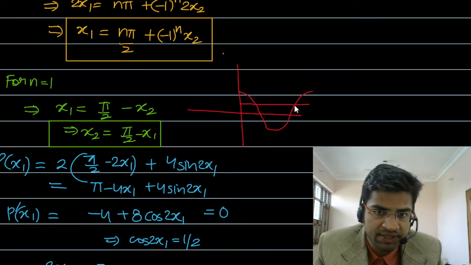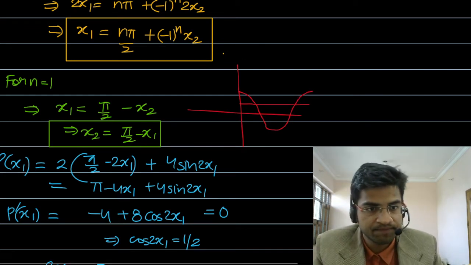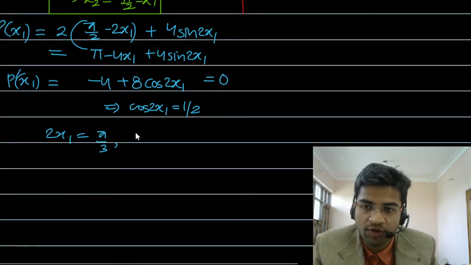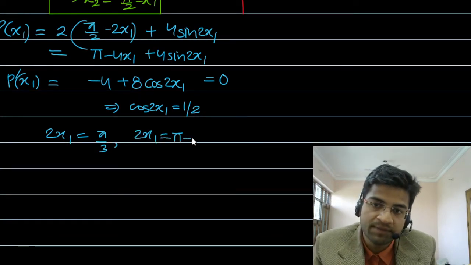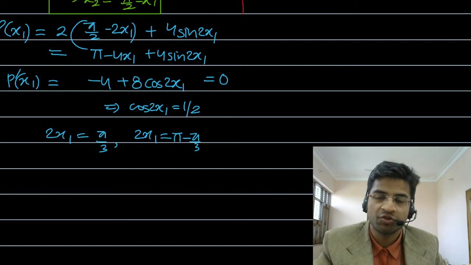Yes, this is pi, I was correct. 2x1 is equal to pi by 3, and 2x1 is also equal to pi minus pi by 3. I don't wish to increase the length of this video, so I am not explaining this. You can understand this by yourself.